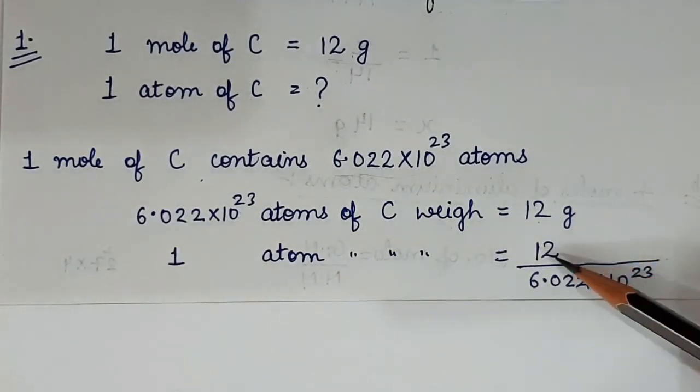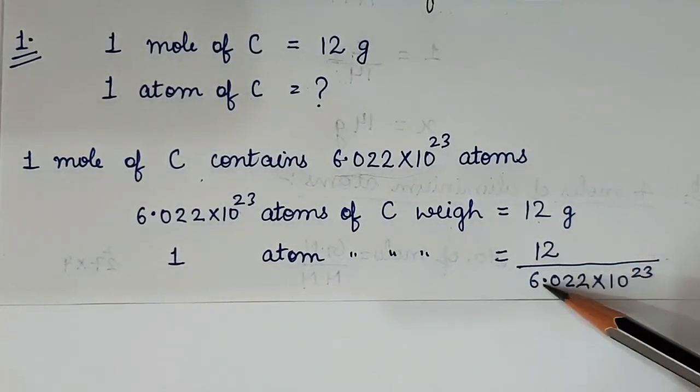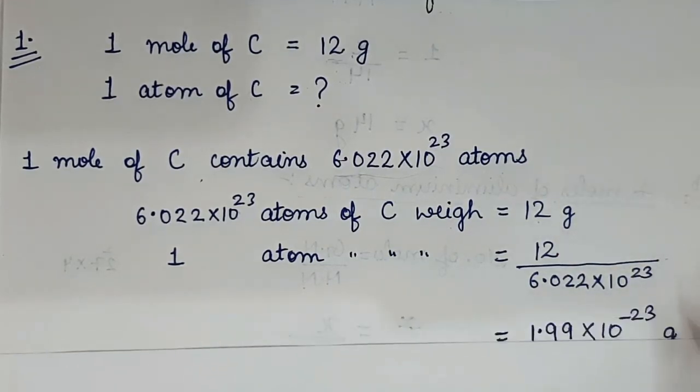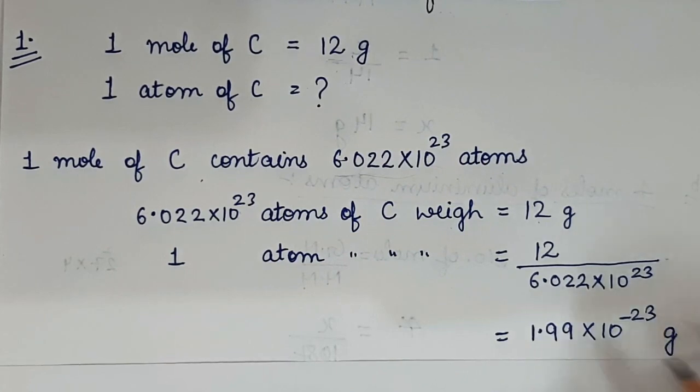It will be 12 divided by 6.022 into 10 to the power 23. Now just simplify. Your answer is 1.99 into 10 to the power minus 23 grams. Clear, students? So this was the answer of question number 1.